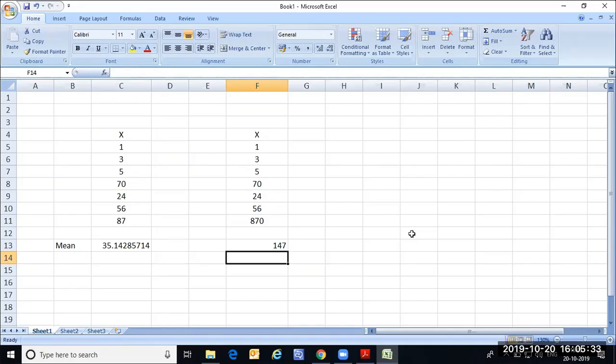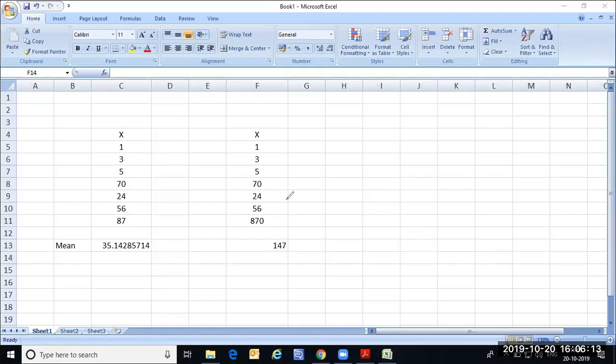The mean value has been shifted from 35 to 147 just because of a change in one single value, right? So your mean tends to get influenced by this 870 compared to the other values. Large values are outliers, extreme values, right? Why are we calling that an extreme value?